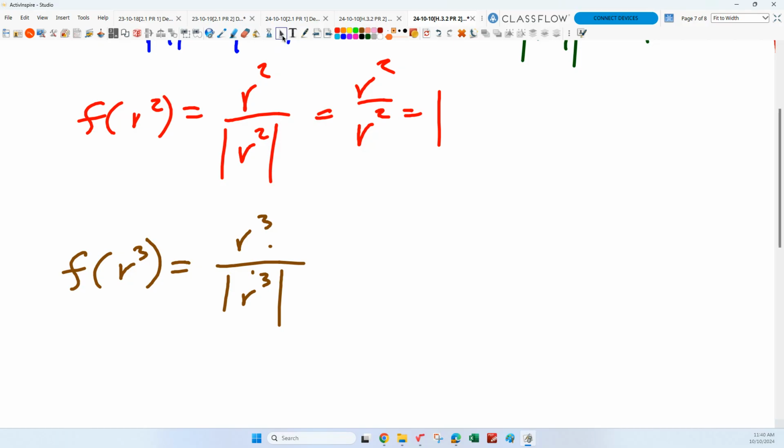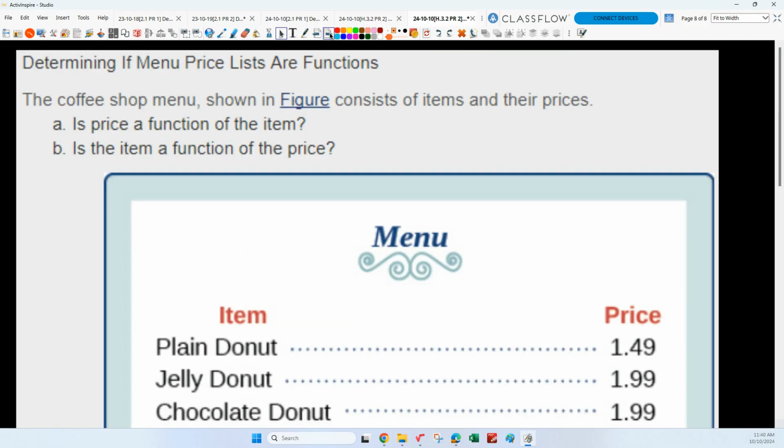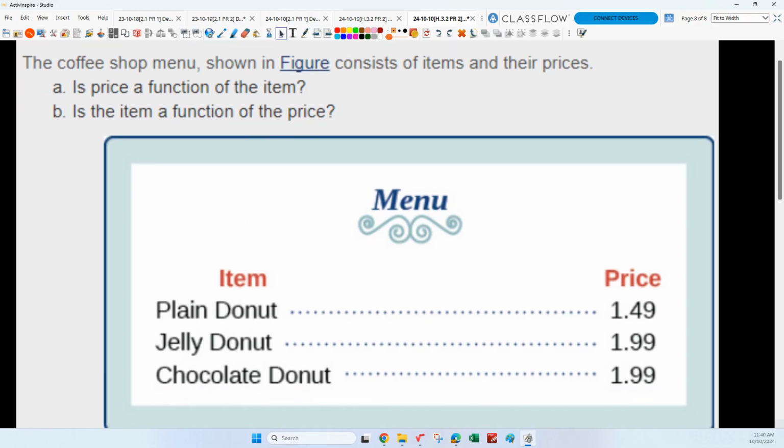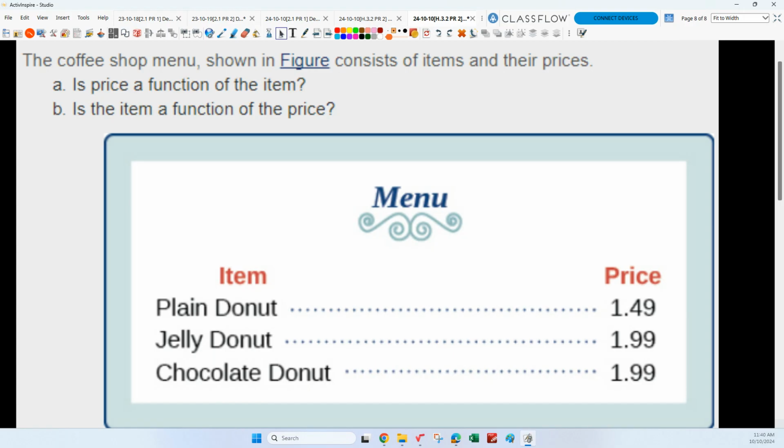Okay, last one. I'll turn you loose. This doesn't look very mathematical, but we can think of it in a mathematical way. The coffee shop menu consists of items and their prices. So part A, is price a function of the item?